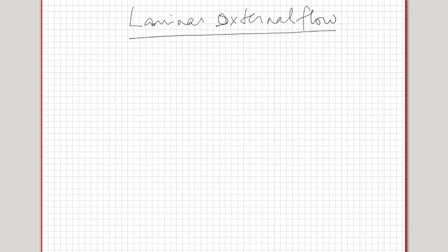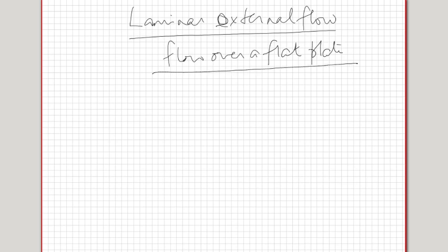First of all, we just did the assumptions and did the simplifications of the equations. Now, laminar external flow, now we will look at a flow over a flat plate. This is the simplest of possible external flows that one can consider.